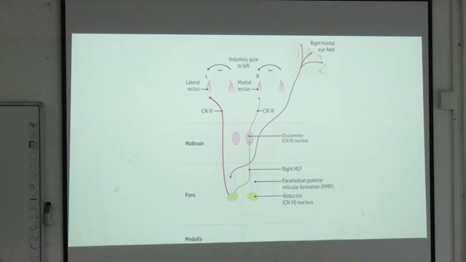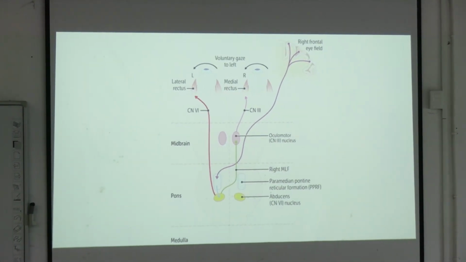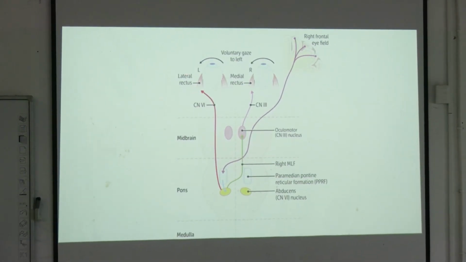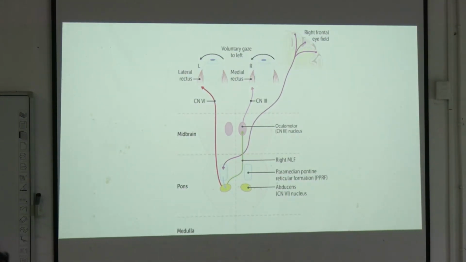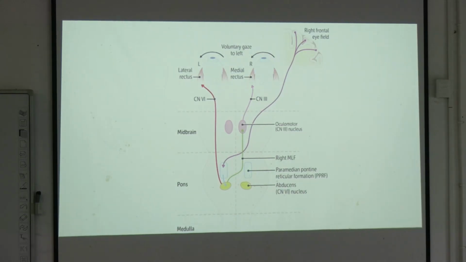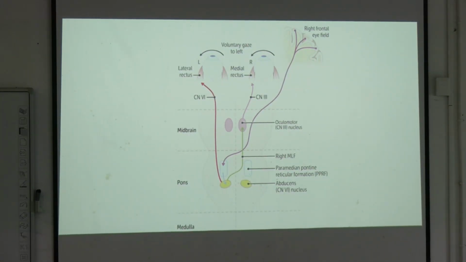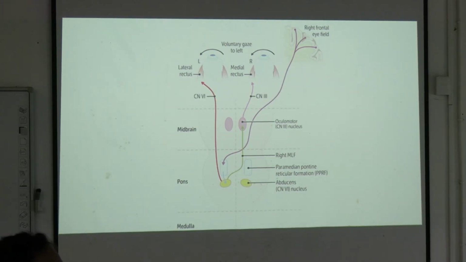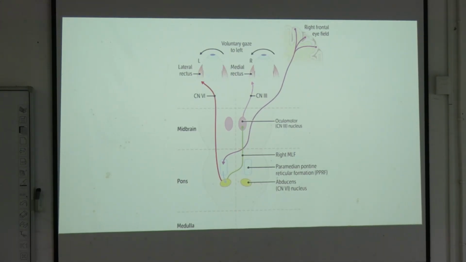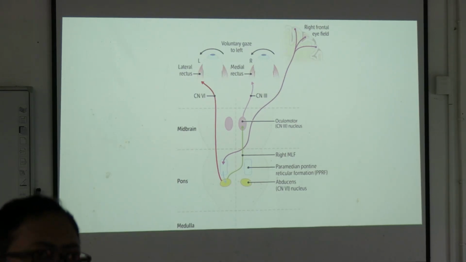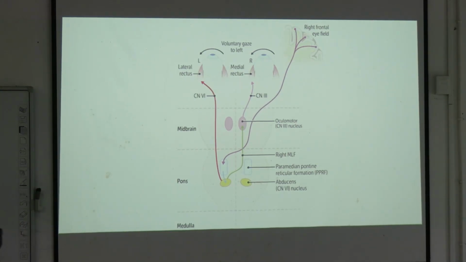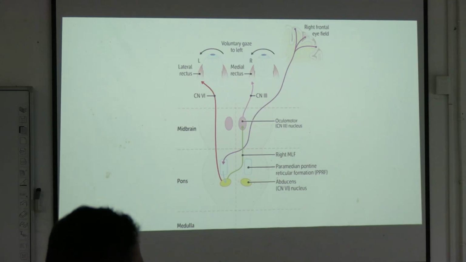Abduction with nystagmus. Why will nystagmus happen? Because this cranial nerve 6 is firing vigorously to activate the opposite cranial nerve 3, but it is not happening because the medial longitudinal fasciculus is already damaged. So due to repeated firing of the sixth cranial nerve towards the medial longitudinal fasciculus, there will be nystagmus in abduction, but in the opposite eye there will be adduction failure.